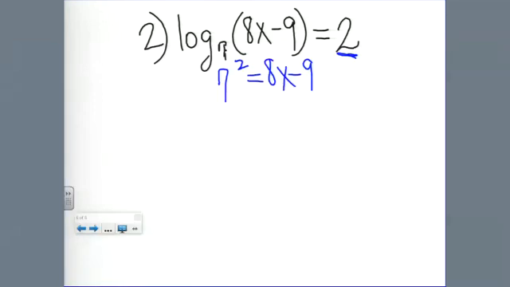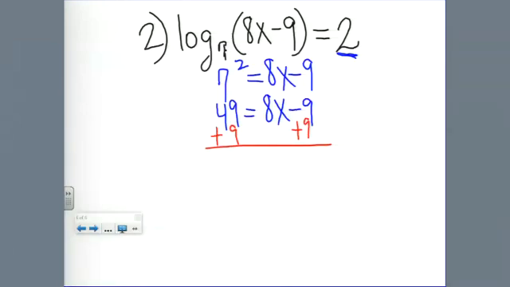At this point, square the 7, that makes 49. And again, you have a regular equation to solve. Let's add 9 to both sides first. So we have 8x equal to 58.